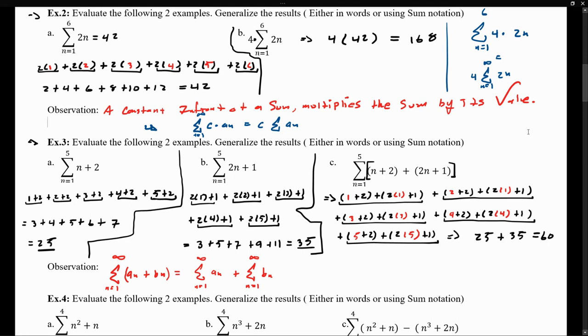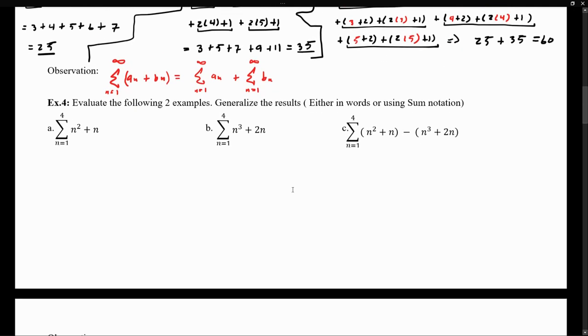This is essentially what we did here. We said, look, I want to try to find the sum of two expressions. Well, that's equivalent of me finding the sum of the first, which we already found to be 25. And that's equivalent of me finding the sum of the second, which is equivalent to 35. And now the sum of the whole thing is the sum of each of them independently.